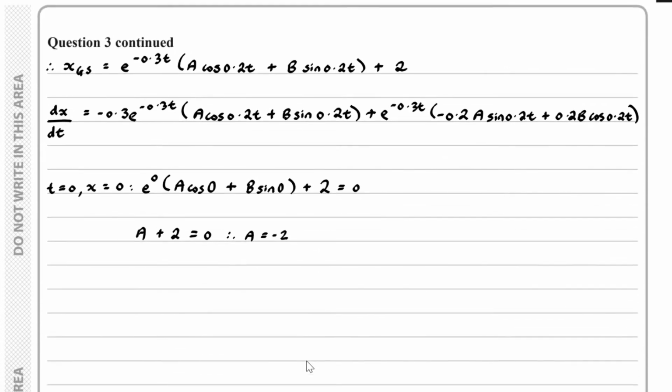Now we've also got the other condition, t equals 0, dx over dt equals 10.